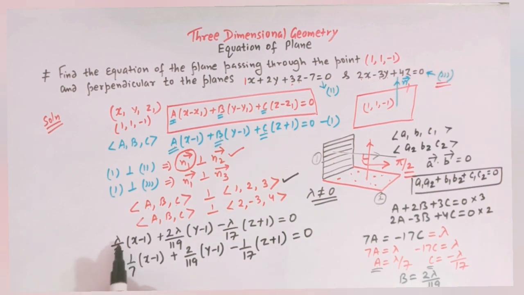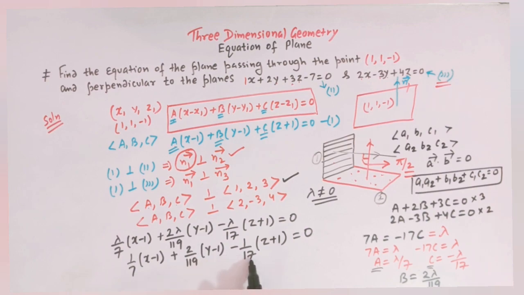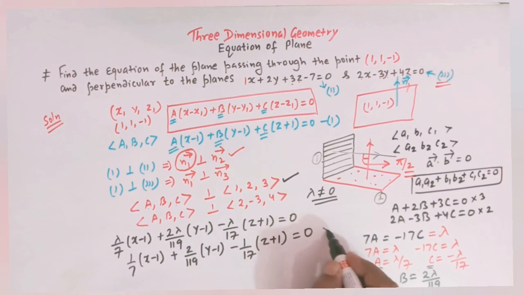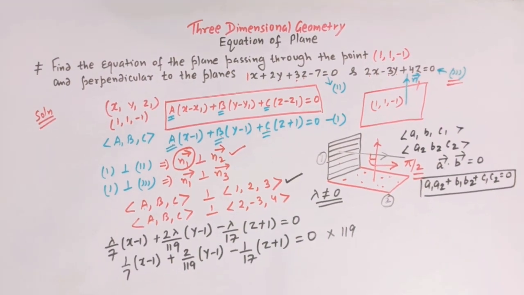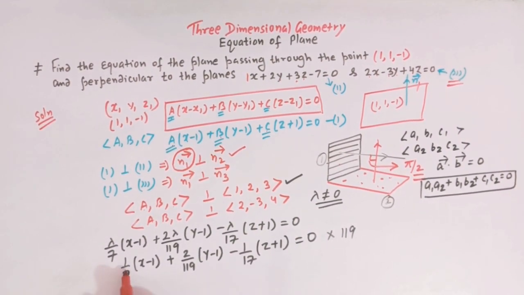Okay, so once we have eliminated this lambda, now we have in the denominator 7, 119 and 17, right? So the LCM of 7, 119 and 17 is 119, and we can now multiply this entire equation by 119, right?